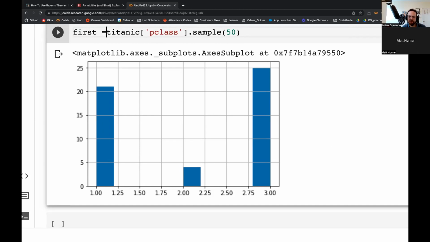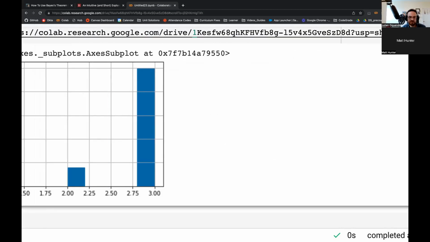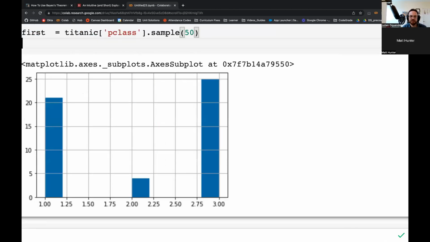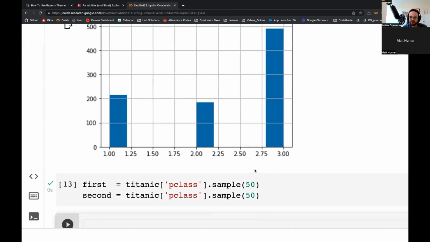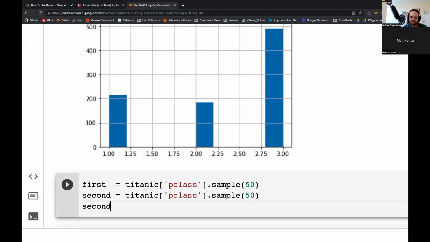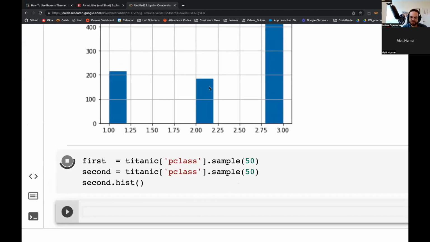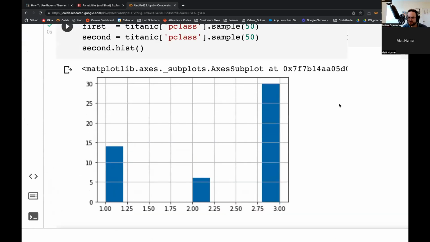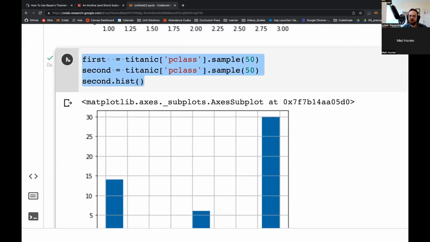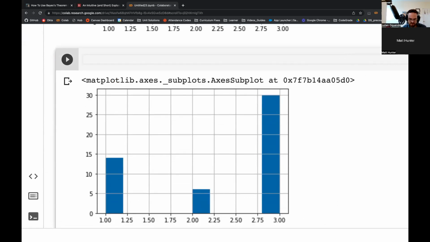This is my second sample. So that's two different samples that we can demonstrate. We can do this for a bunch of different samples. You'll see that this is a second sample, but it's different. It sort of looks the same. Let's say I want to take 30 samples.